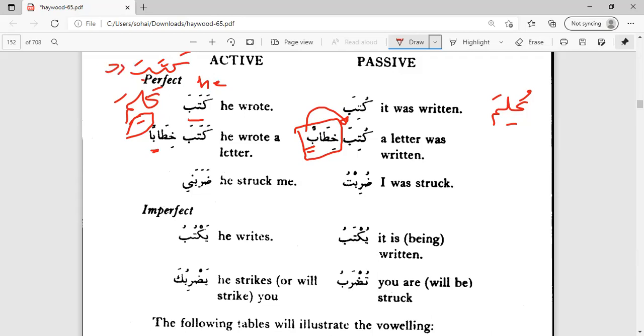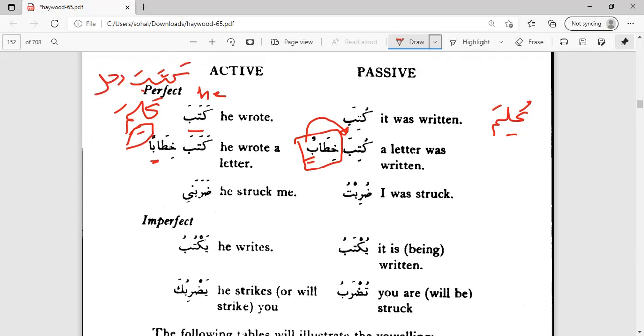So it sort of resembles, in terms of vowelling, kataba rajulun, a man wrote, right? But the difference here is that we said naib because it's not a full fa'il, because we don't know the person who did the action. But we call it naib fa'il because in terms of vowelling, its subject follows the rule of what was the rule in the active verb. Does that make sense?